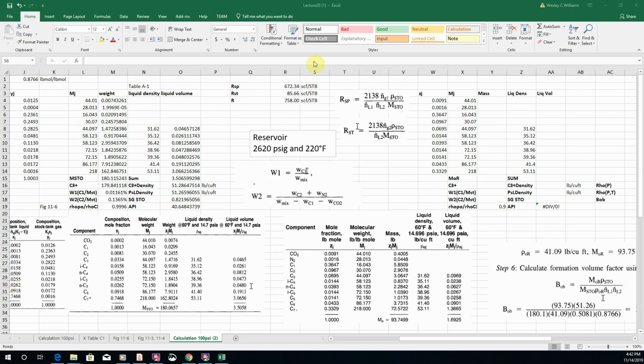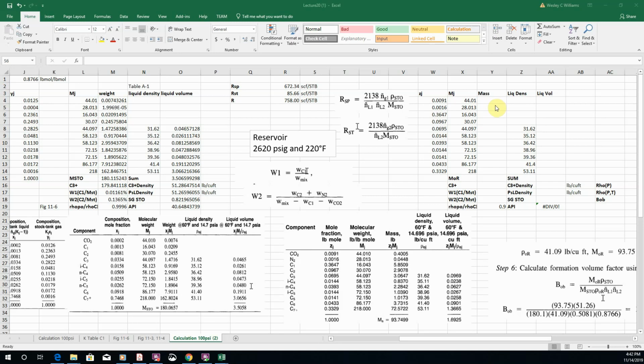So now, continuing on, after we've got the gas-oil ratio, we need to be able to calculate the stock tank density, or not the stock tank density. We need to go back and calculate the separator liquid density.